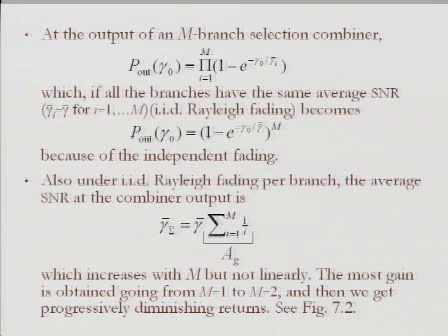And we saw that this array gain results in an increase with the number of antennas that is nonlinear. So the most gain in terms of array gain is obtained going from 1 antenna to 2. Then we still get some improvement going to 3, but not so much. Even less going to 4, and so on and so forth. And when we have a large number of antennas, adding one more just doesn't do much for us in terms of average, in terms of this array gain at least.